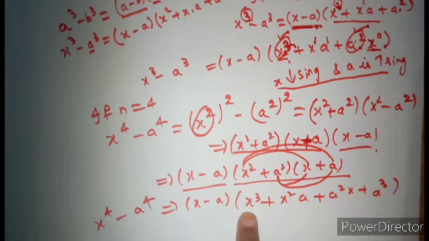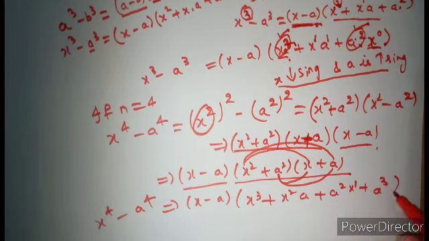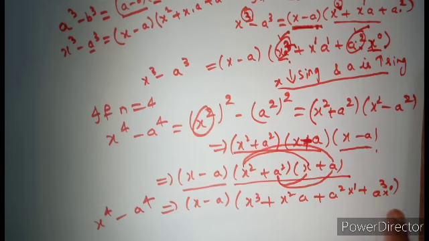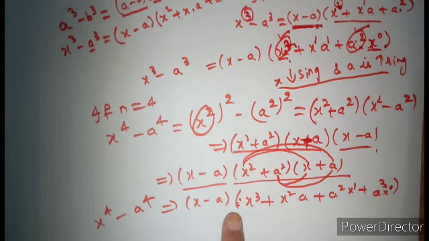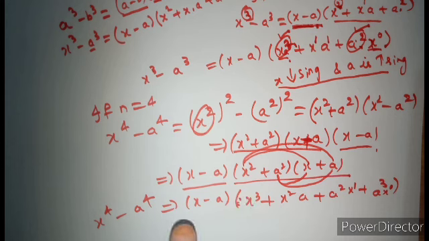Now observe, x cube, x square, x power 1, nothing is there means x power 0, right? So x is decreasing. Now observe a power 1, a power 2, a power 3 and here a power 0, right? Nothing is there means it is 1. Anything to the power of 0 is 1, right? So I have written a power 0.